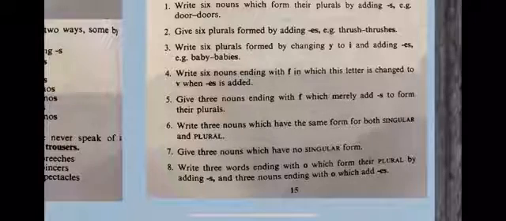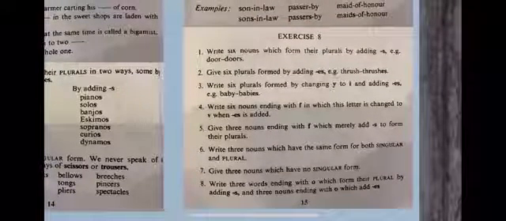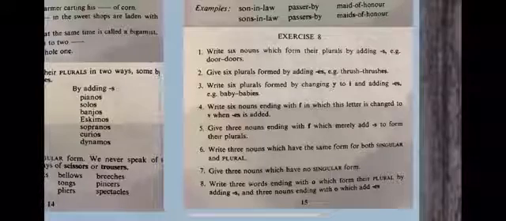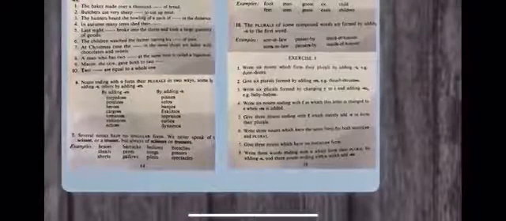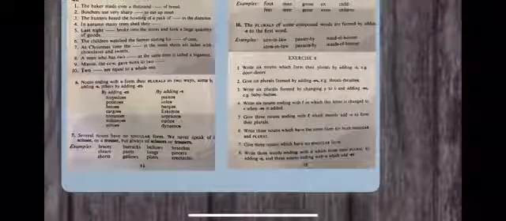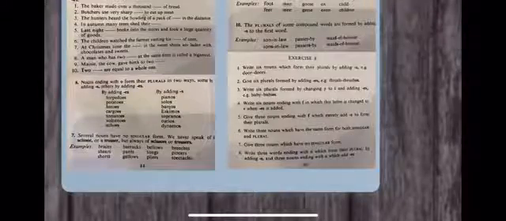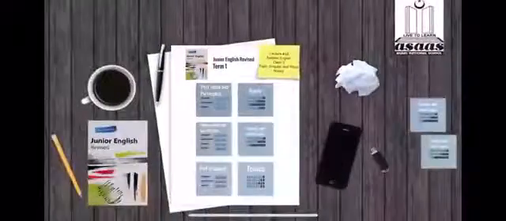So all these questions are from the 10 rules of forming plural nouns. So just answer these 8 questions and solve the previous exercises. It's all related to plural nouns and singular nouns. And yeah, that's all for today. It was all about singular and plural nouns. So that's it.